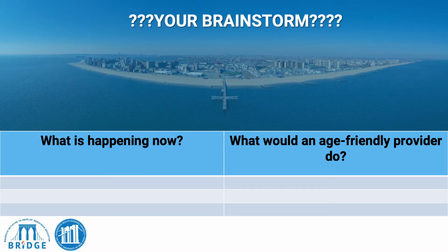For whatever reason, another example of ageism. What's happening now in your work environment? Take a minute to think about things that you've seen in dealing with older adults that are reflective of ageism. What's happening to them? How are they treated?